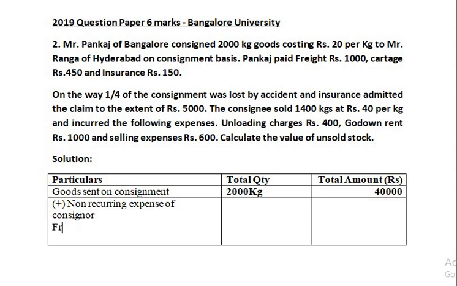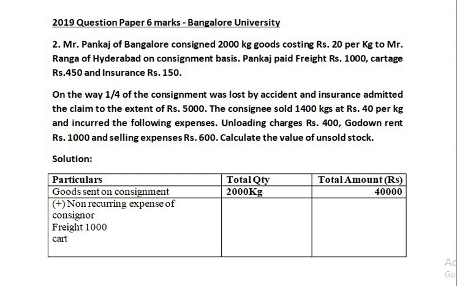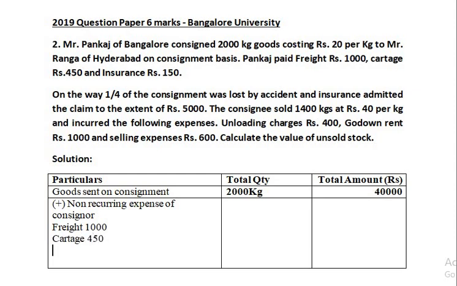So flight 1000, cartage 450, insurance 150. In total you will get 1000 plus 450 plus 150, 1600.